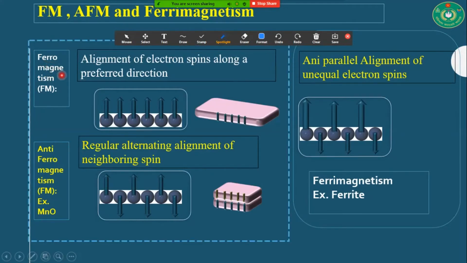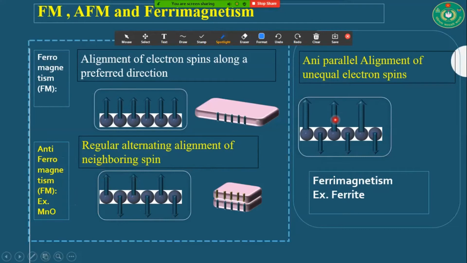So ferromagnetic materials show very strong magnetism. Here, anti-ferromagnetism: regular alternating alignment of neighboring spins. The electron spins are aligned in an alternating way. That's why the net magnetic moment of this substance is zero. That's why this is called anti-ferromagnetism.